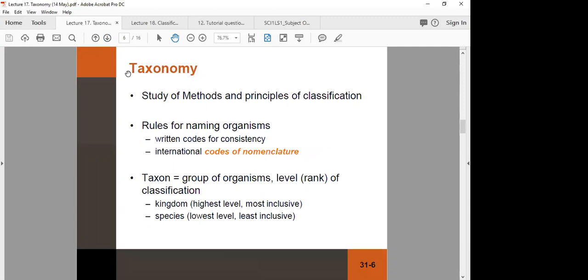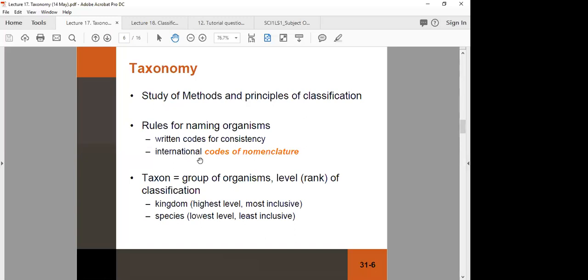Okay, so the field of study that deals with methods and rules and principles of classification is called taxonomy, and these scientists are referred to as taxonomists. There are set rules for naming organisms. There are written codes for consistency. So there's a written code for naming plants, another one for naming animals, and so on.